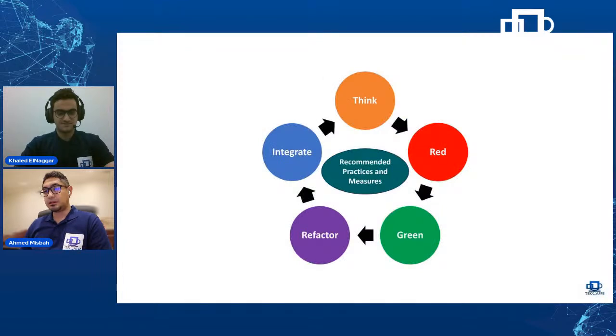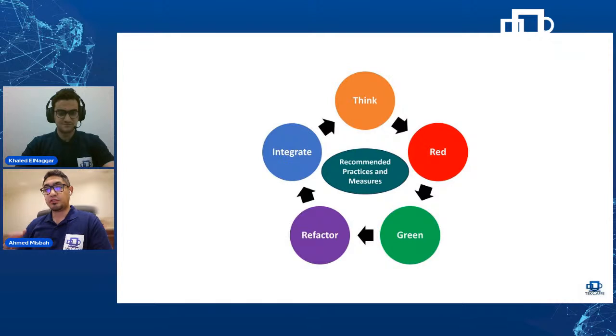And we will be following these stages in order to exercise TDD on this kata. So this is basically the red-green refactor mantra, which was invented by Kent Beck, but we've added the think phase that's in James Shore's mantra, and we've added the integrate phase from the 4-beat cycle in Mike Hill's microtests.